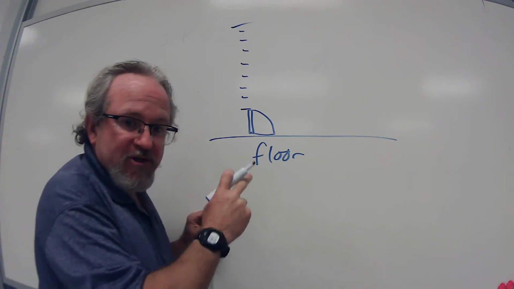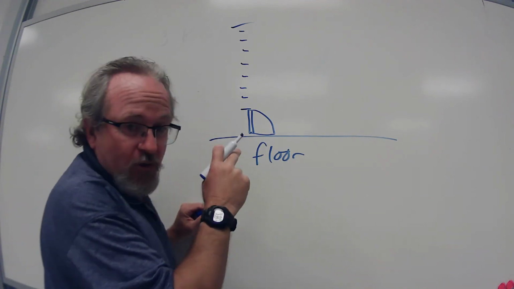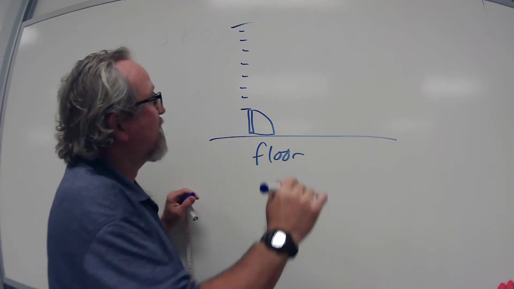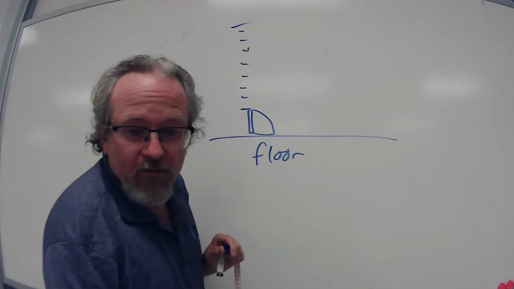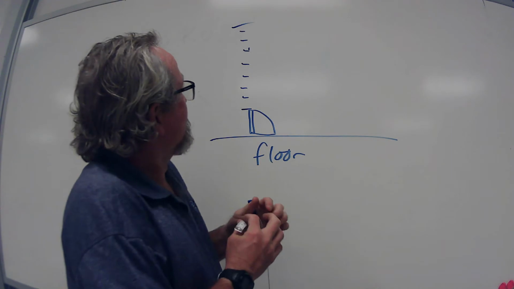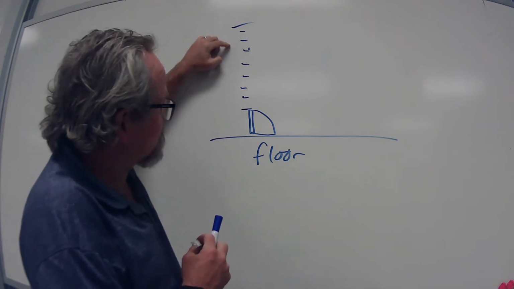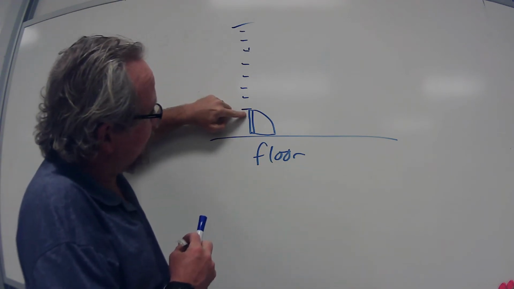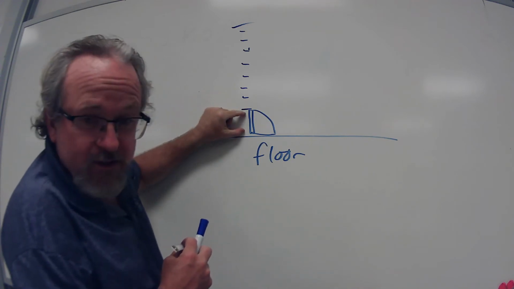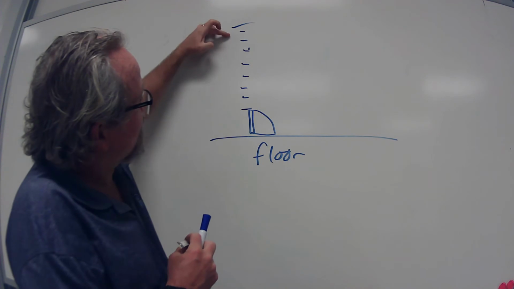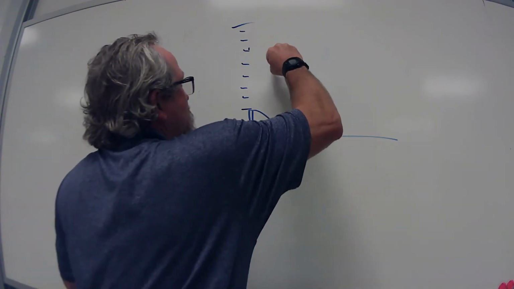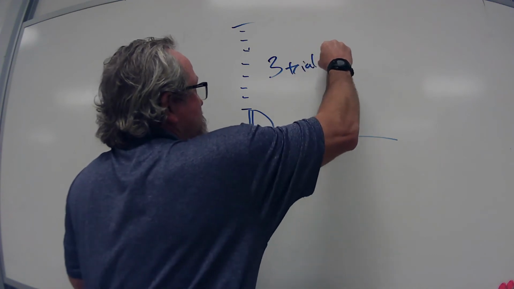One of your partners is going to launch it, and somebody else is going to watch and see how high the projectile gets. Now remember, we only need the maximum height that it travels, and you must measure from the end of the projectile launcher. Do not measure from the floor, because the projectile didn't travel that distance. It traveled this distance. Once again, you're going to do 3 trials.